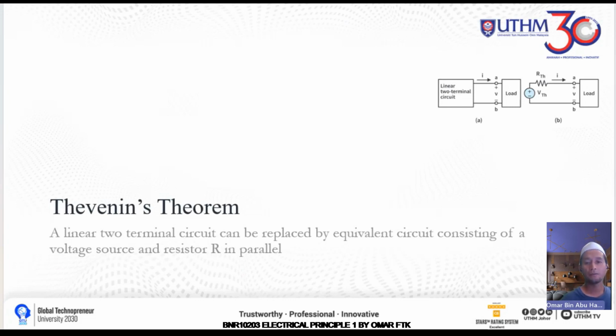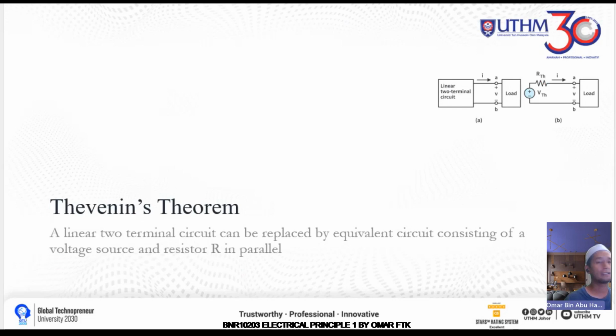Okay, so in electrical circuit theory, we have two theorems, the Thevenin theorem and also the Norton theorem. Actually, both the Thevenin theorem and Norton theorem are related to the source transformation. So the Thevenin theorem focuses on the equivalent circuit which consists of a voltage source in series with a resistor.